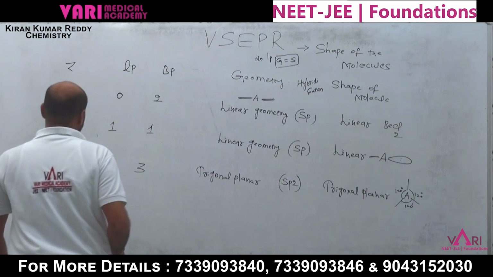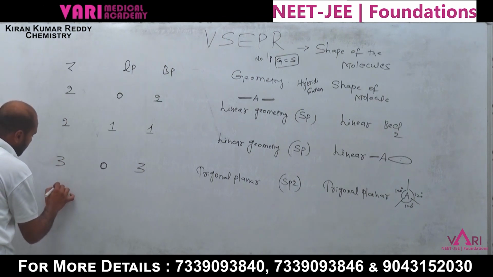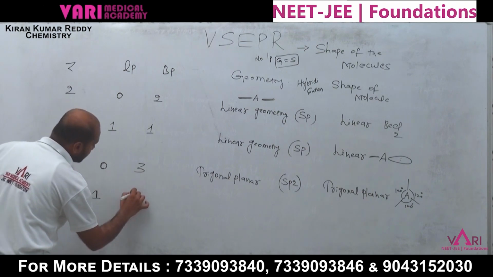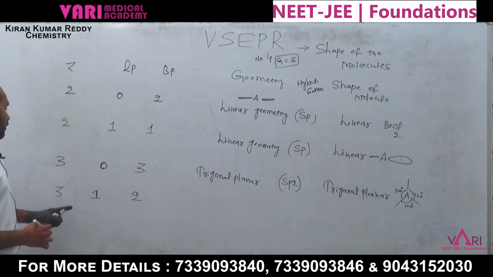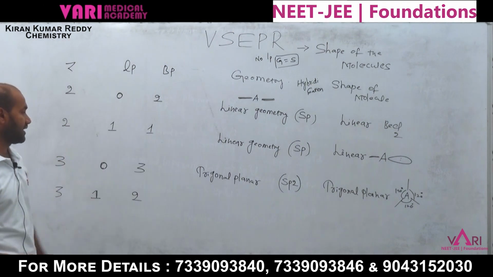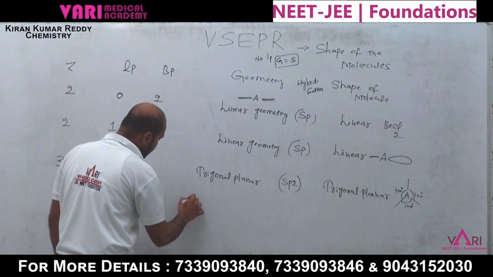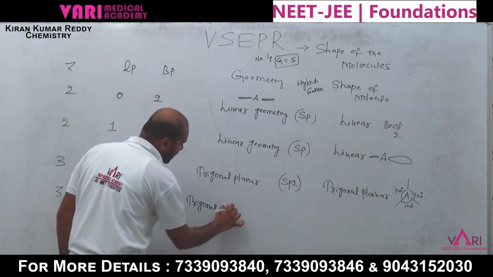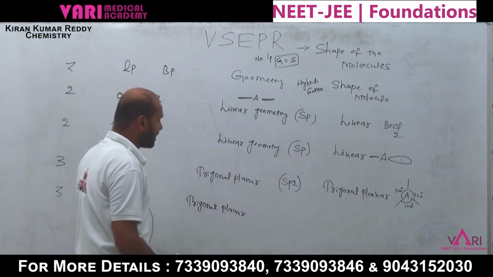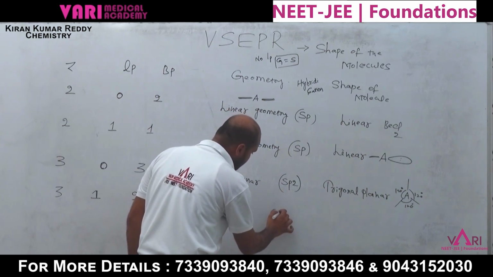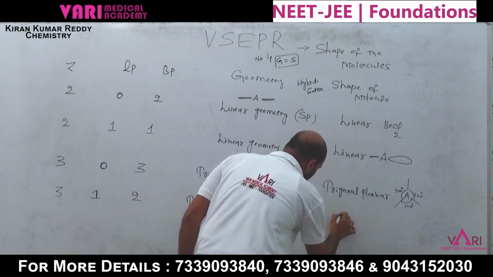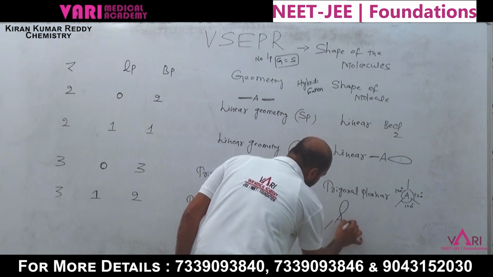Next one is same Z is equal to 3, with 1 lone pair and 2 bond pairs. Here geometry, already you know, is trigonal planar. Hybridization is the same, sp2. For the shape, 1 lone pair and 2 bond pairs are present.